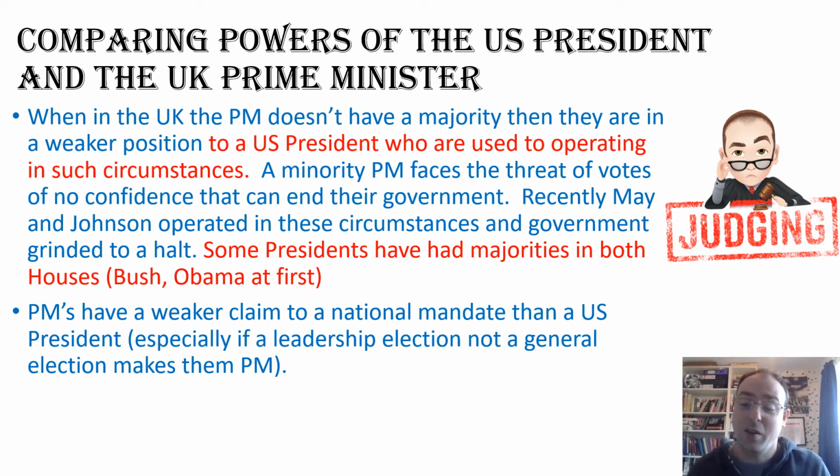When a US president had as low as, I think it was Clinton, at about 45, that was considered incredibly low, which is more than the Conservatives got in the last UK general election that we've had. So circumstances can play a big role when comparing powers.